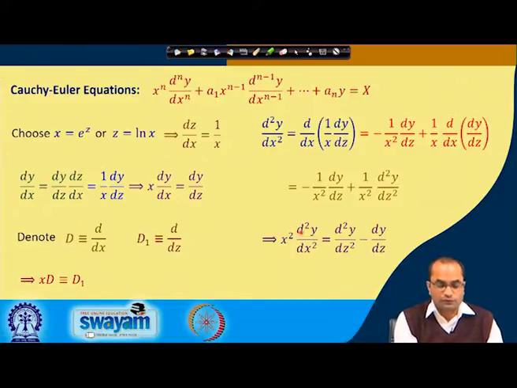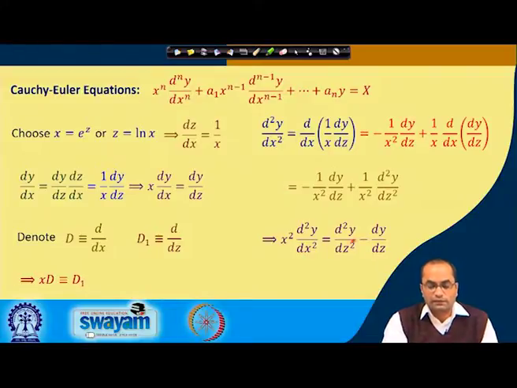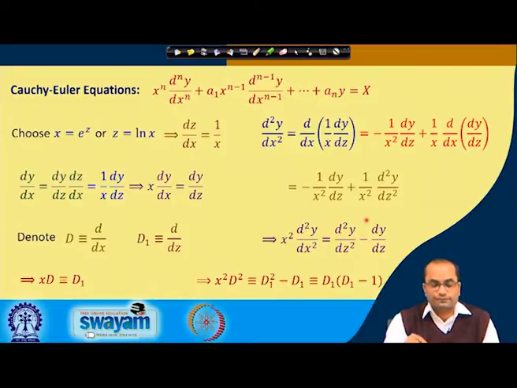So, what are we getting here? When we multiply this x square to each term, we get x square d2y over dx square. The right hand side will then be d2y over dz square minus dy over dz. Now, if we write in this operator form, we have x square d square and here d1 square minus d1.